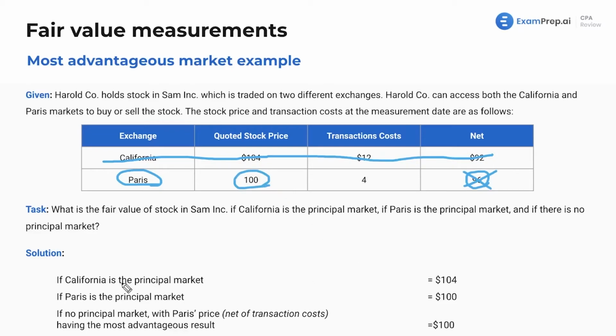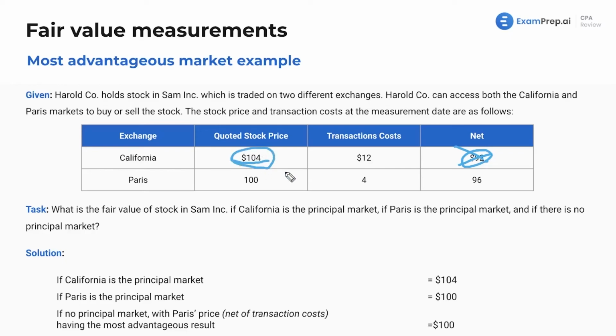So let's say California was the most advantageous. We would use this net to determine it, then cross that out, and we'd use this as the actual value of the stock. So just two steps, right? That's the whole process. Step one, use the net amount to determine which one we use. Step two is we then simply just use the actual sale price.